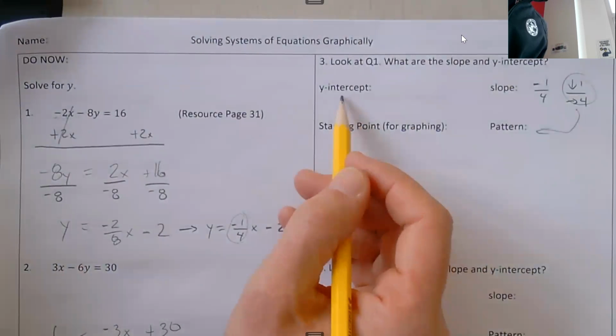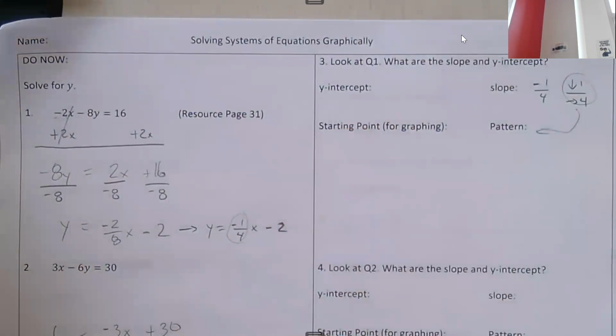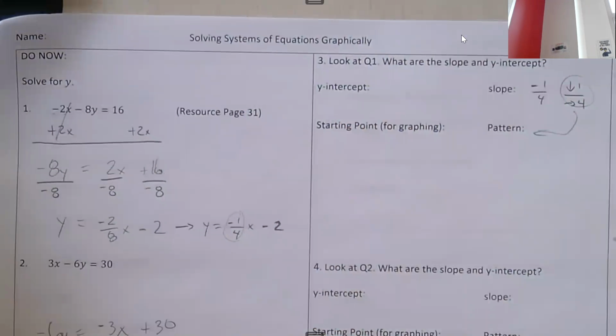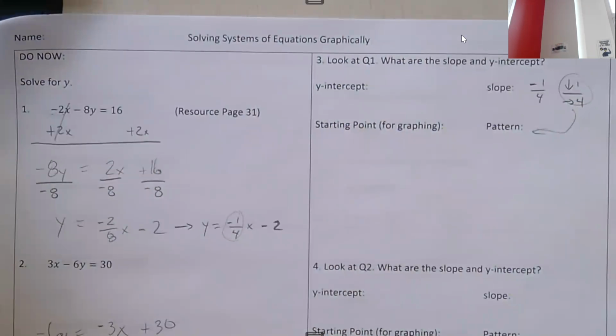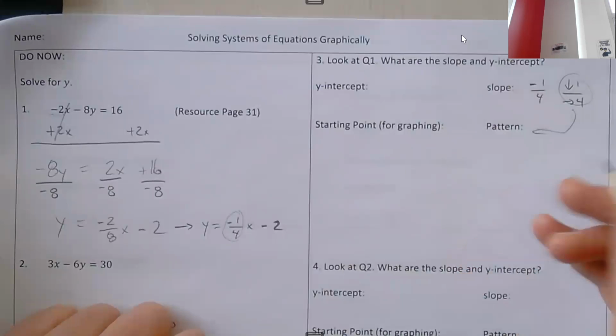All right, and what is the y-intercept? What's the y-intercept? Douglas, what's the y-intercept? Negative 2.